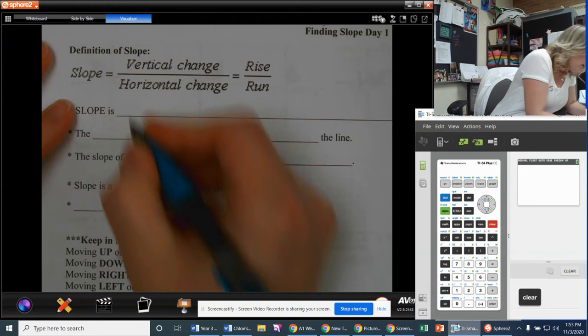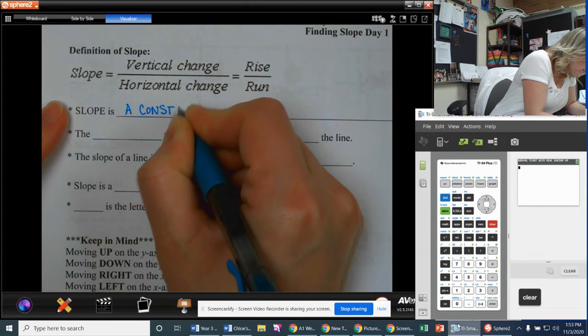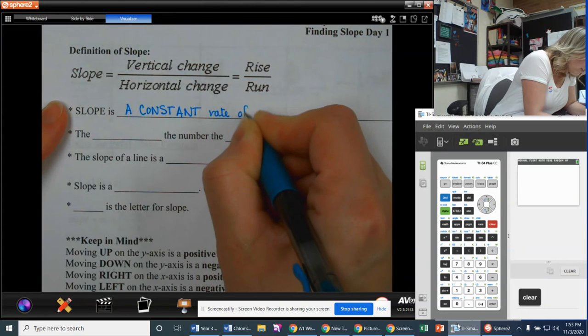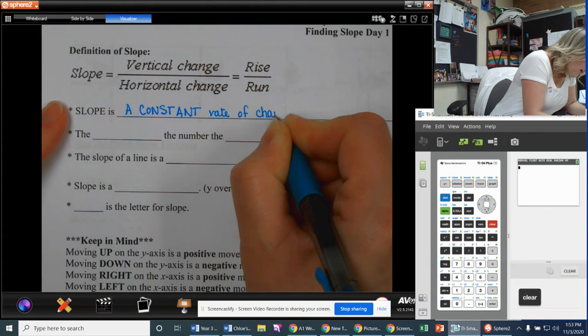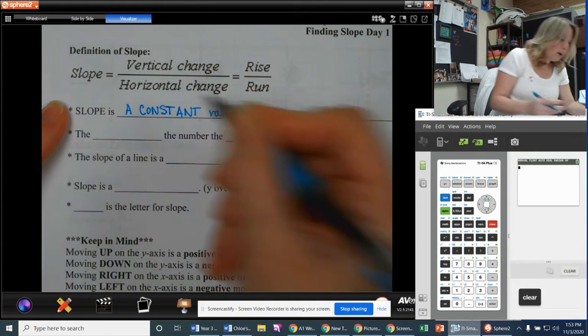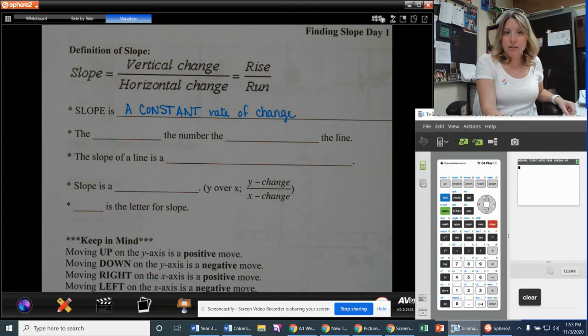Slope is a constant rate of change. If your rate of change is consistent and the same, you get a line. When your rate of change is not constant, you get different types of functions.